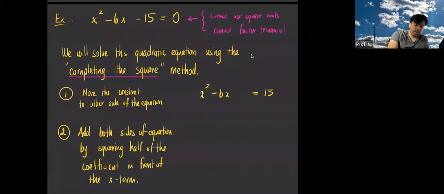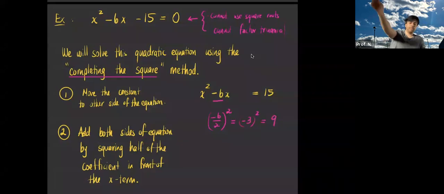We notice the number in front of the x term is a negative 6. We're going to take half of that, and then we're going to square it. What is negative 3 squared? Isn't that 9?